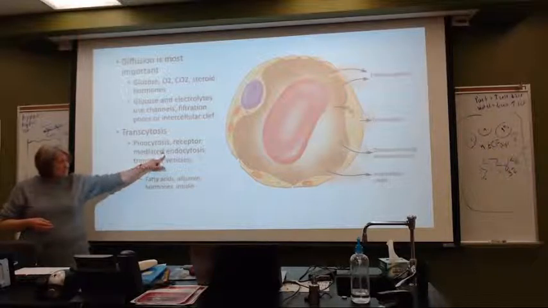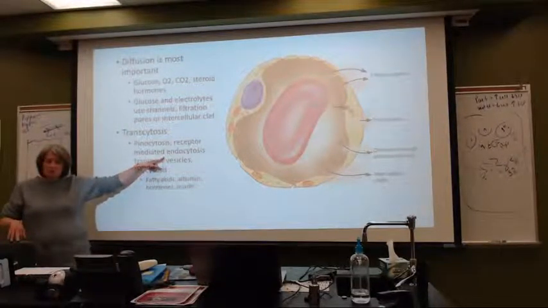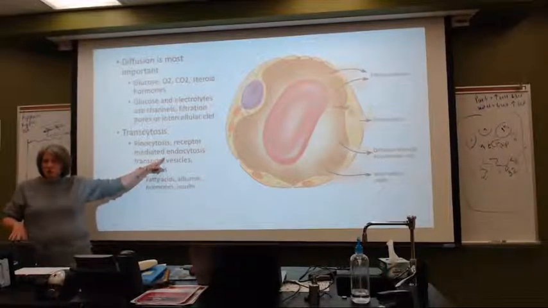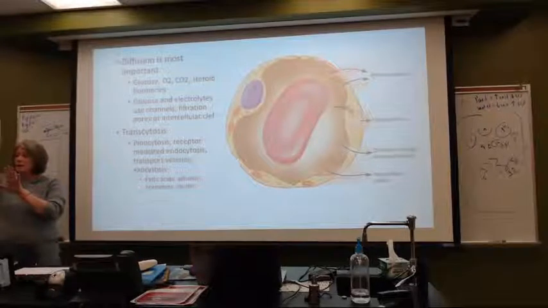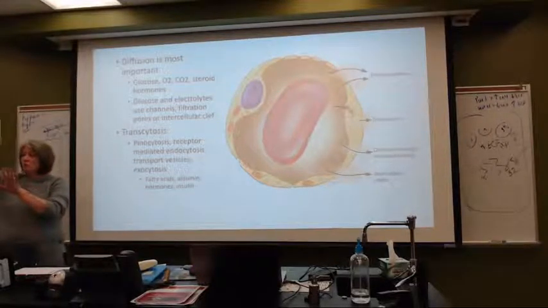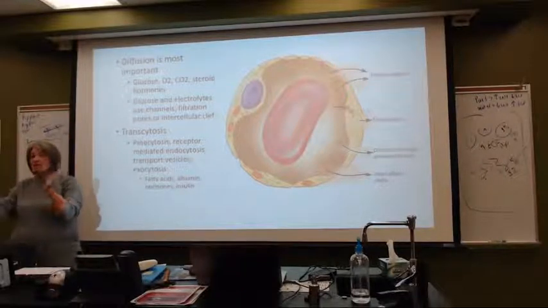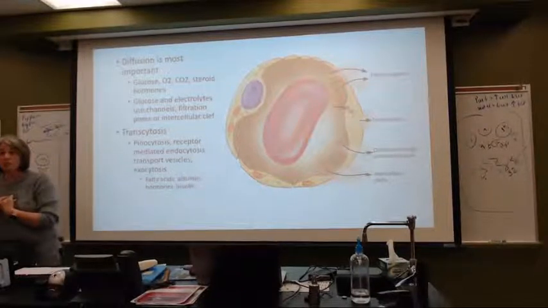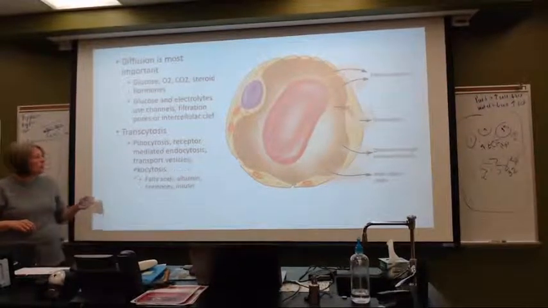And receptor-mediated endocytosis, do y'all remember that one from part 1? Okay, the cells may have little receptors on them, and when enough particles actually get into those receptors, it just kind of folds in the membrane and brings in the material. It's really kind of cool.